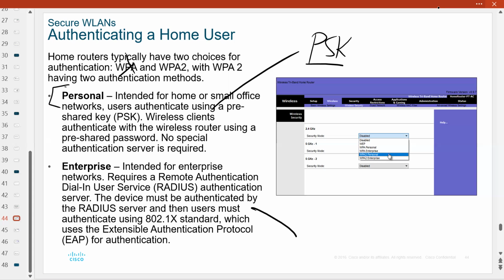The server must be authenticated by the RADIUS server. The device must be authenticated by the RADIUS server, and then users must authenticate using the 802.1x standard, which uses EAP, Extensible Authentication Protocol. Basically, the difference between these two, personal and enterprise, is that enterprise has a RADIUS server.